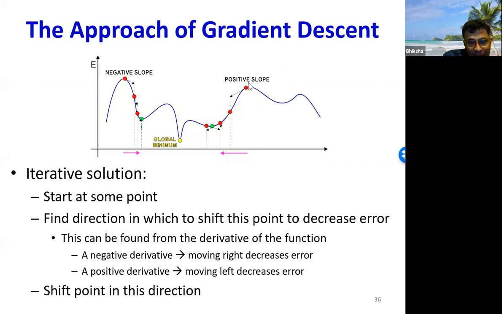On the other hand, if you're at this location, the derivative is positive, the slope is positive. So increasing x a little bit will increase the function, whereas what you want to do is to find a minimum. So you want to go backwards. So when the derivative is positive, you're going to push your estimate backwards in the other direction.